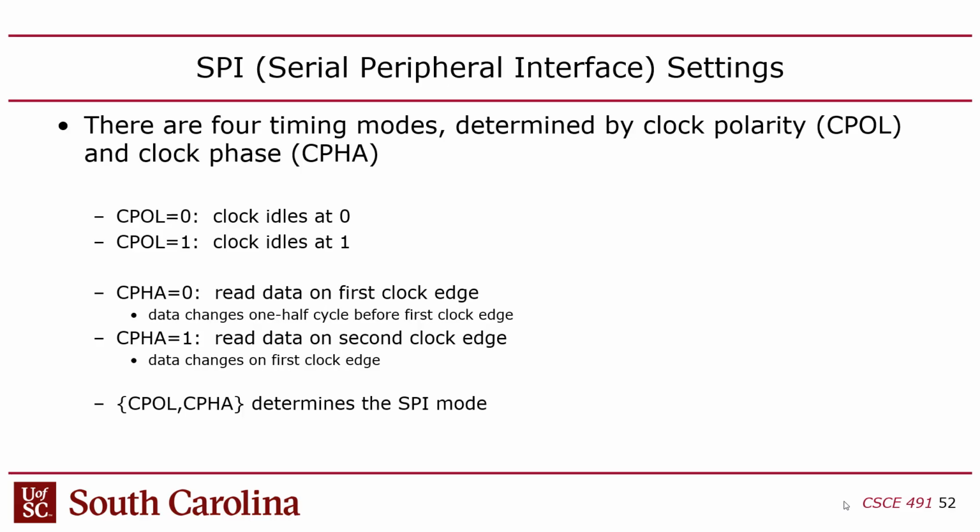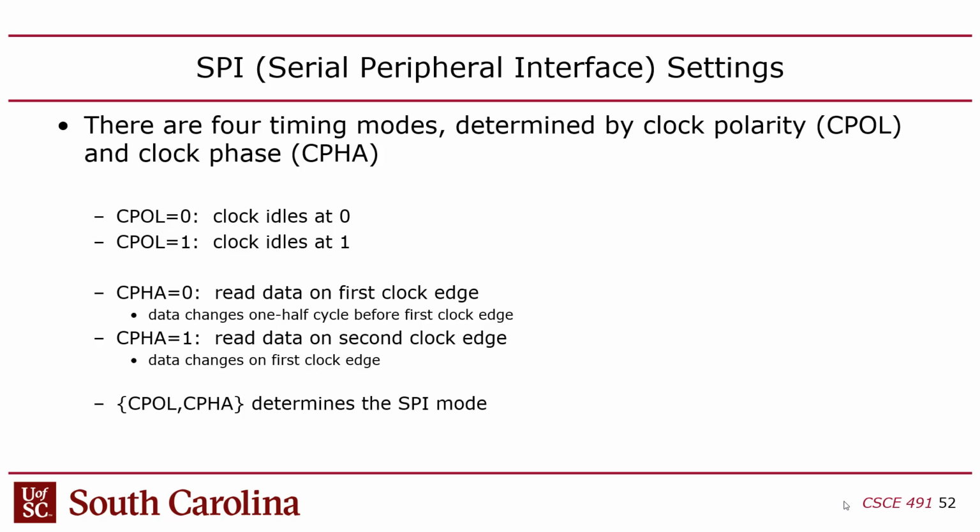In SPI, we assume that the clock is edge triggered, meaning that the receiver, whoever is receiving the data, reads the data on the edge of the clock. Okay? And the idea is that we want the sender to change the data on the other edge of the clock.